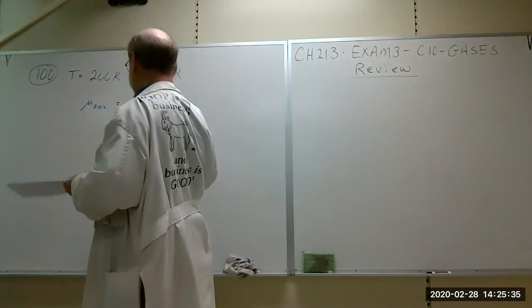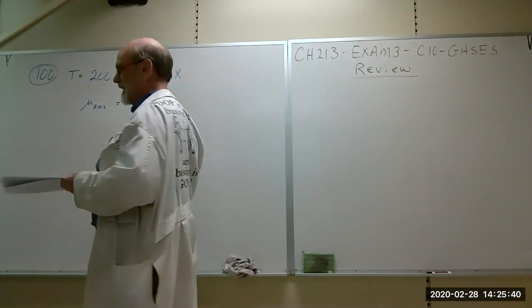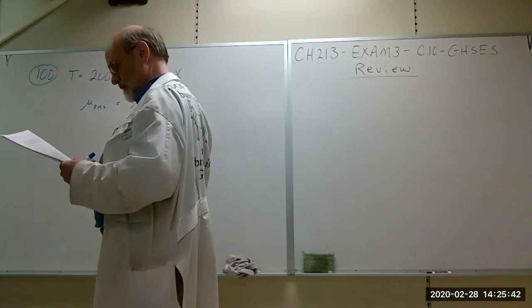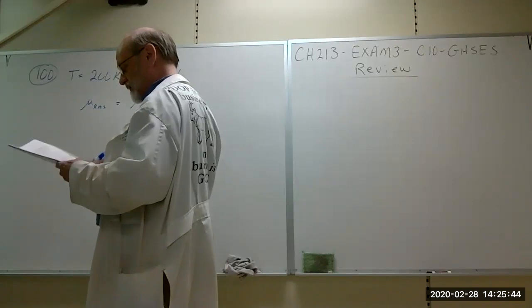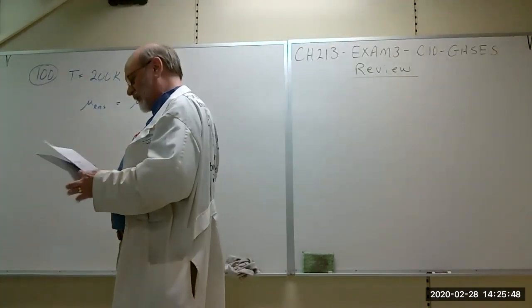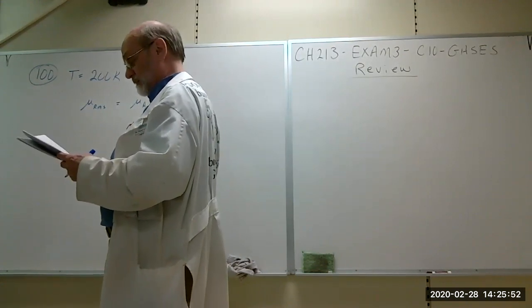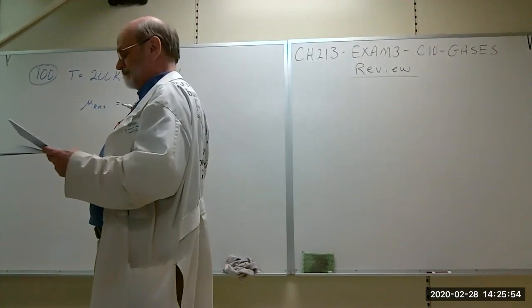So we need to find out what's the average velocity at 400 K and compare it to the average velocities of these others. But we don't have to calculate directly.